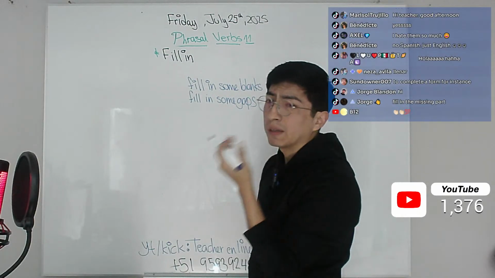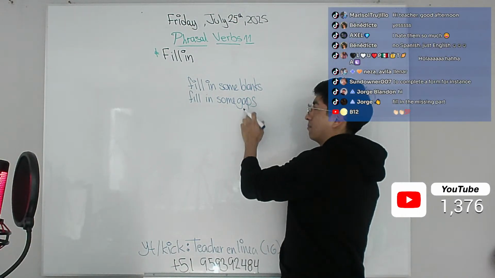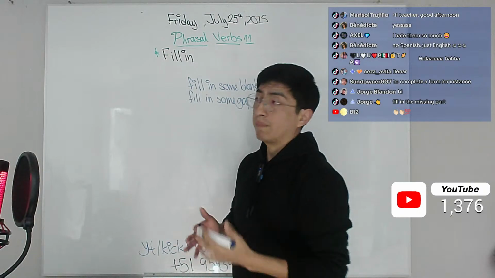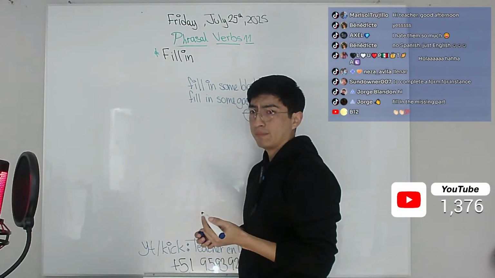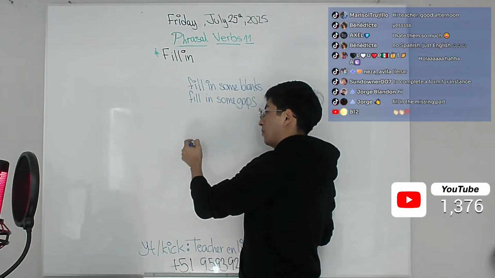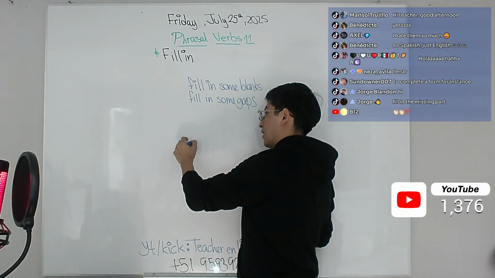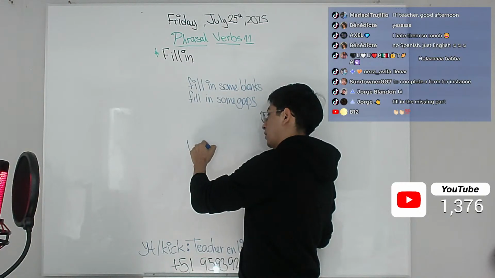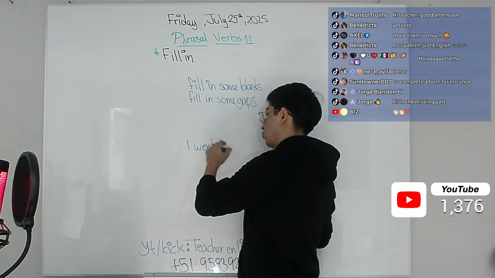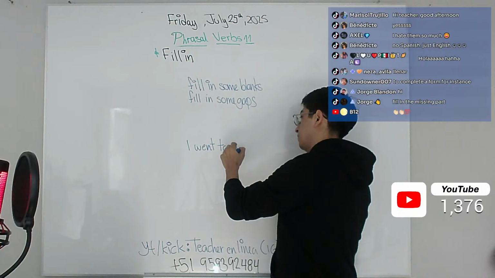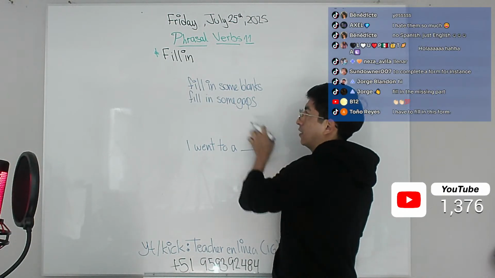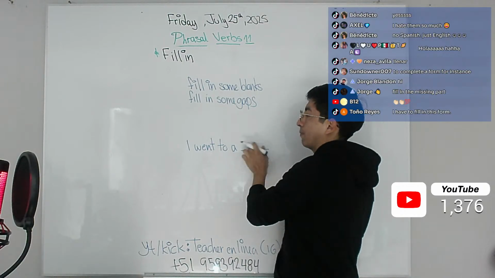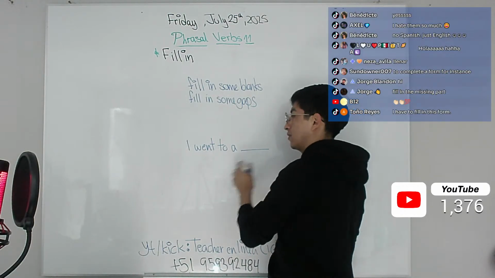So, what do blanks and gaps mean, guys? For example, if you're taking an exam or a quiz, it is very common that we have, for example, "I went to a" and then we have here a blank, or a gap. So you have to complete this.